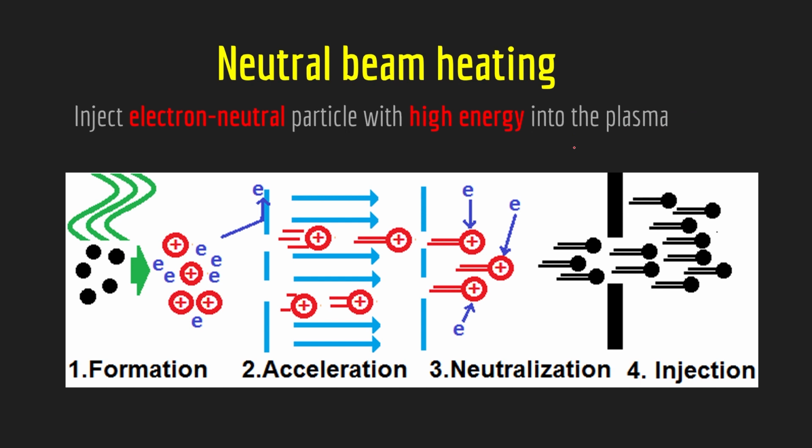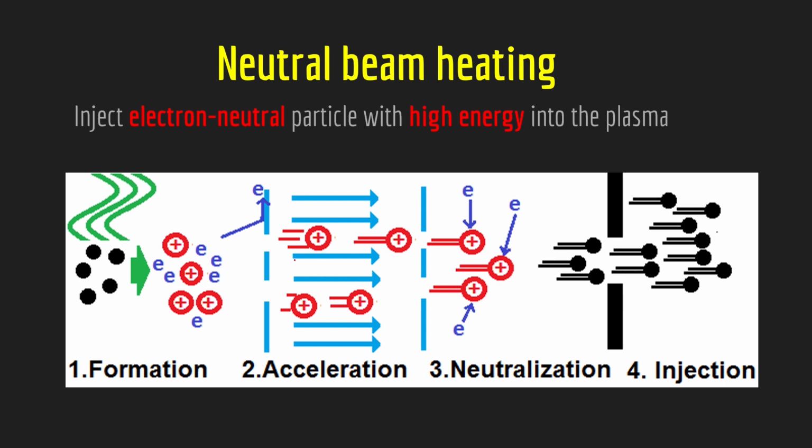Neutral beam heating. The working principle of neutral beam heating is to inject electrically neutral particles with high energy into the plasma. And here is the diagram of this process. The first step is called formation. Formation is to get rid of the particle's electrons.